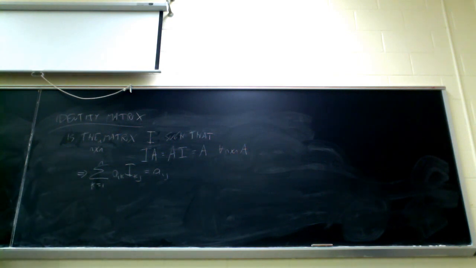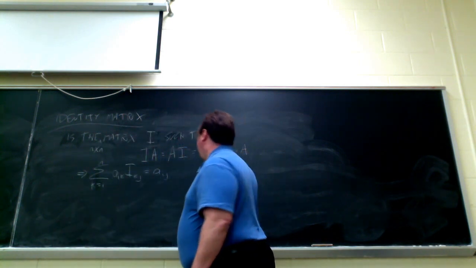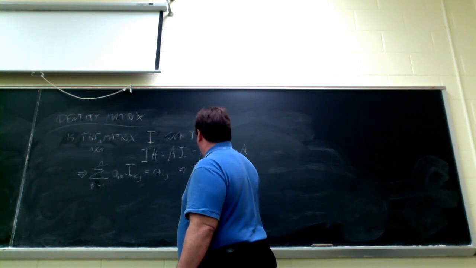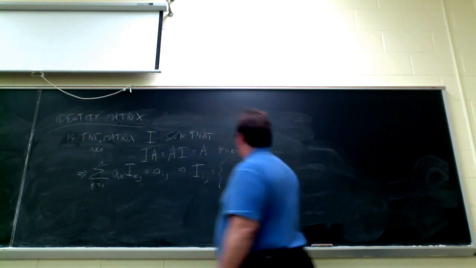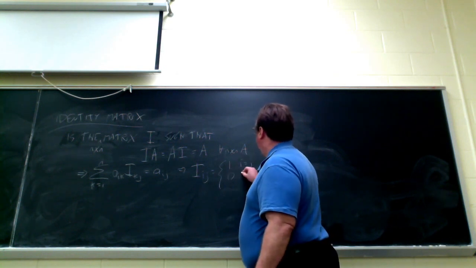This has to be true for all n by n matrices A. So certainly that should mean that the entries must be equal to 1 if i is equal to j and 0 otherwise.